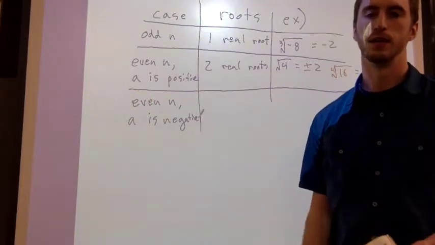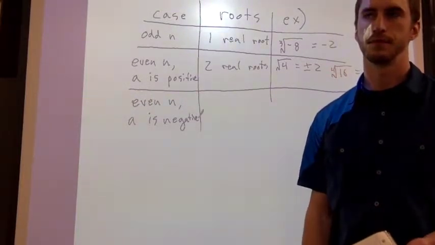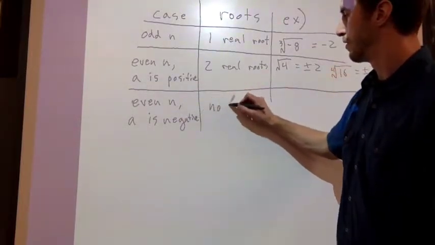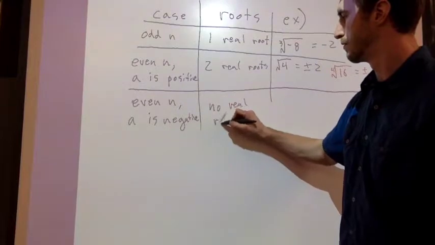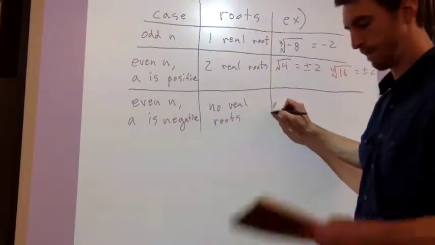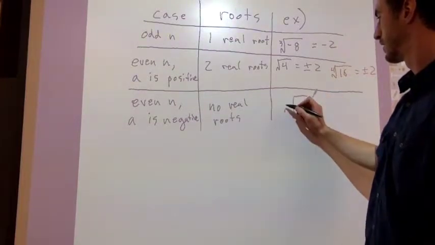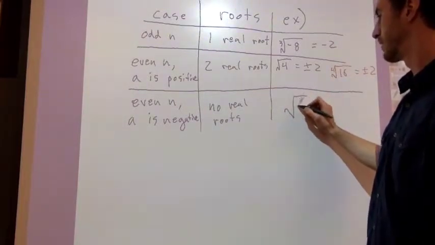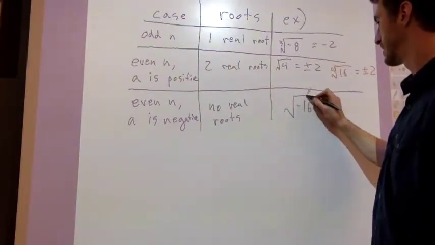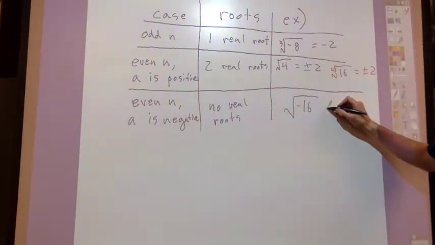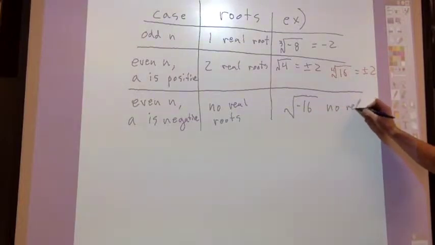That's how we get imaginary numbers. So in this case, you're going to have no real roots. An example of this would be if you were to take the square root of negative 16. You can't take the square root of a negative number, so there's no real roots.